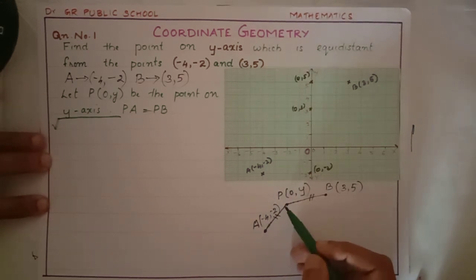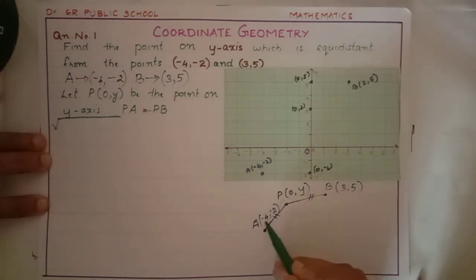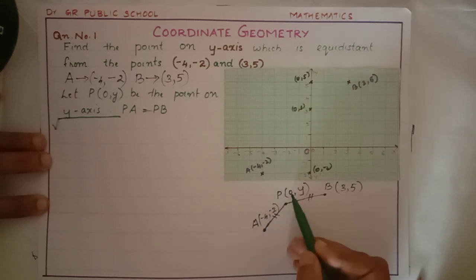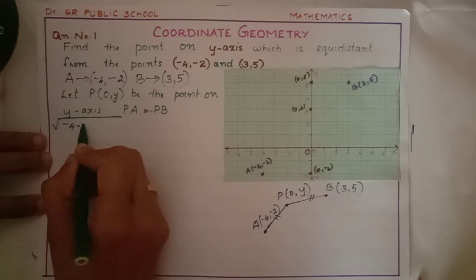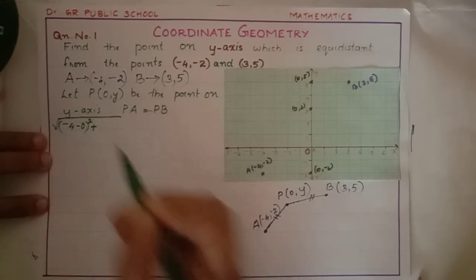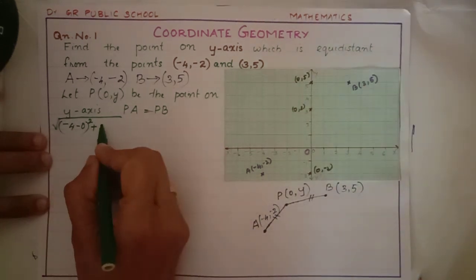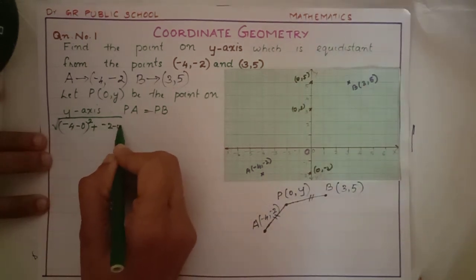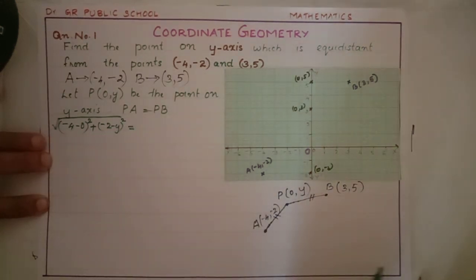Here, if we take this as x1, y1 and this as x2, y2, what is x2? -4 minus 0, that is -4, minus 0 the whole square, plus y2 minus y1. y2 is -2, so (-2 minus y) the whole square, isn't it?